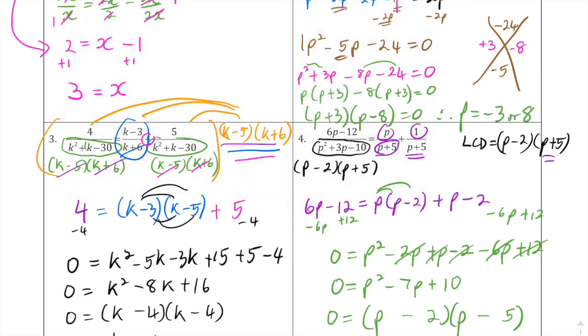And as before, final step of the equation is to determine if either of those are extraneous, and in this case what you should see is if I were to take 2 and substitute it back into the original equation, it would cause a 0 denominator, and so I need to leave p represented as an answer but cross it out because it is extraneous. It's one of the excluded values.